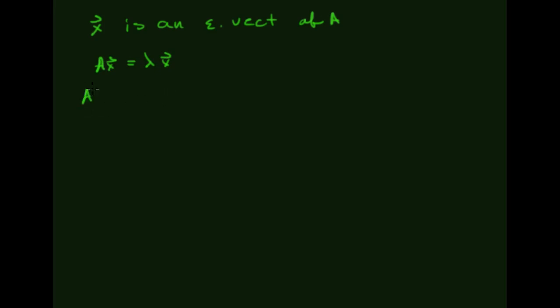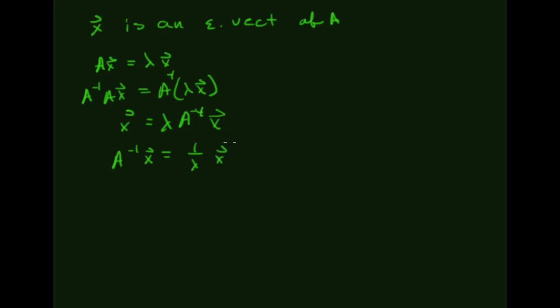So take the inverse of both sides, which means that X is now lambda times A inverse X, which means that A inverse X has to equal 1 over lambda X.